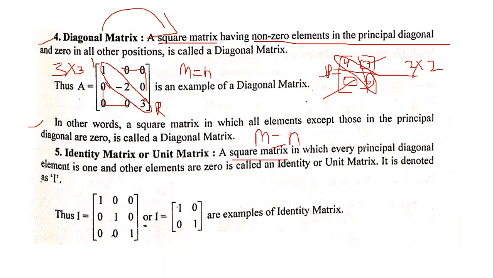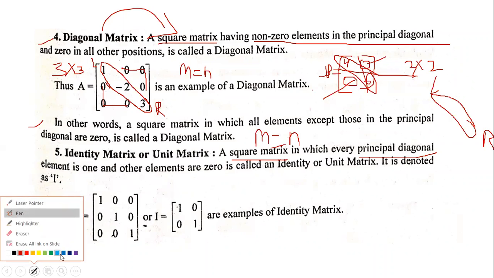It is a square matrix in which every principal diagonal element, the one which is from left top to right bottom, is 1 and the other elements are 0.